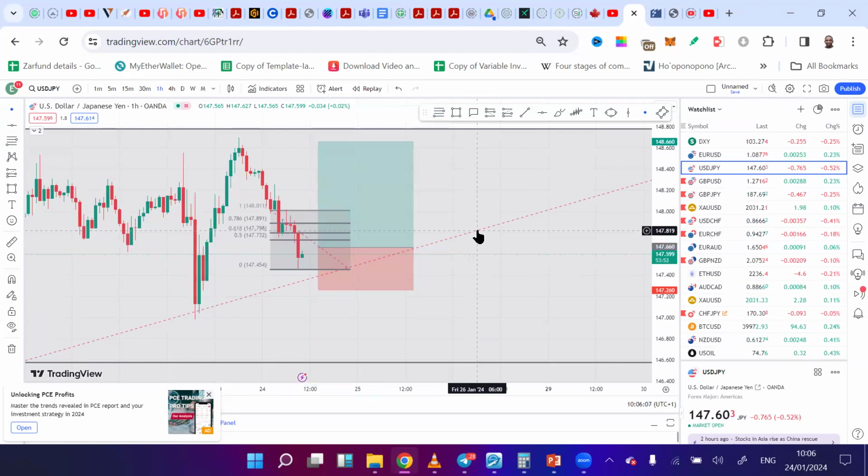So we are going to literally break even on this pair, and change our take profit level to 147.730.